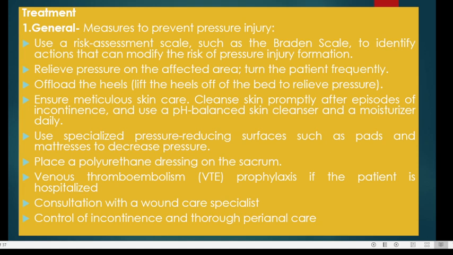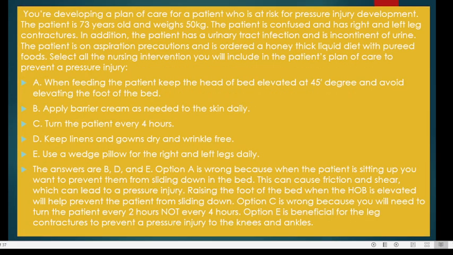Use VTE, venous thromboembolism, prophylaxis if the patient is hospitalized. Then you need to do a consultation with a wound care specialist, nurse, or whoever the healthcare provider is. You also have control of incontinence, and perineal care can also help to control pressure injuries.